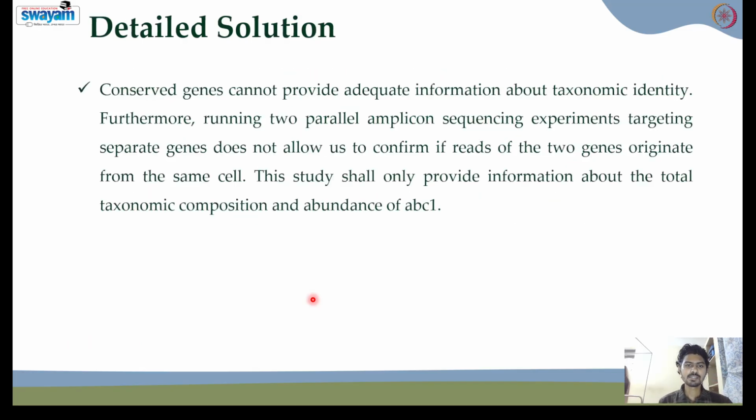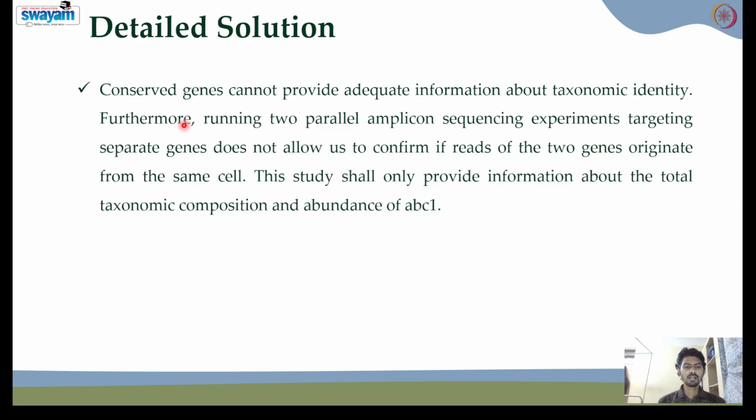And why is it so? Because the conserved gene cannot provide adequate information about the taxonomic identity. Furthermore, they are saying they will be running two parallel experiments targeting separate genes. One is the 16S rRNA, the other one is ABC1. So it doesn't allow us to confirm if the reads of these two genes originate from the same cells.